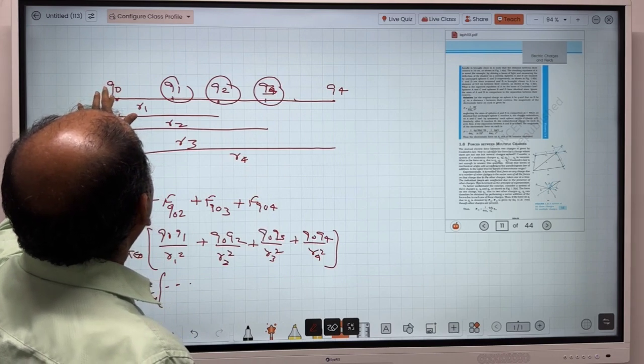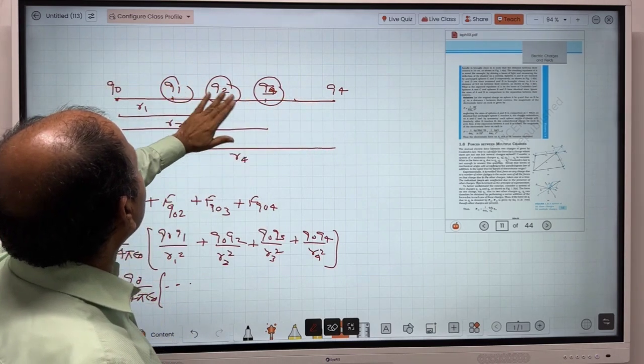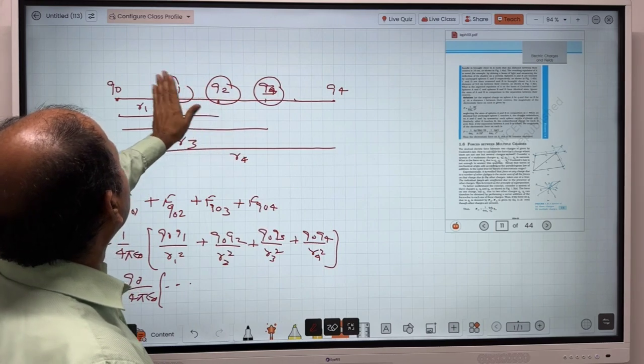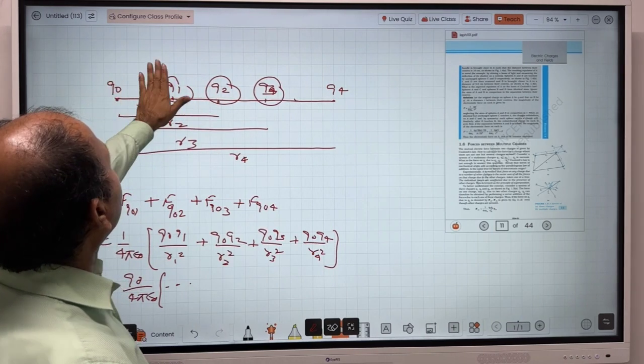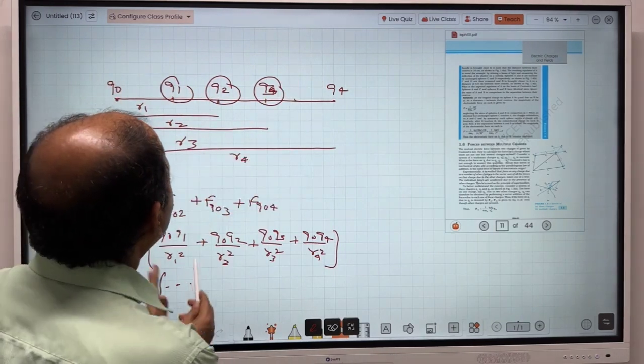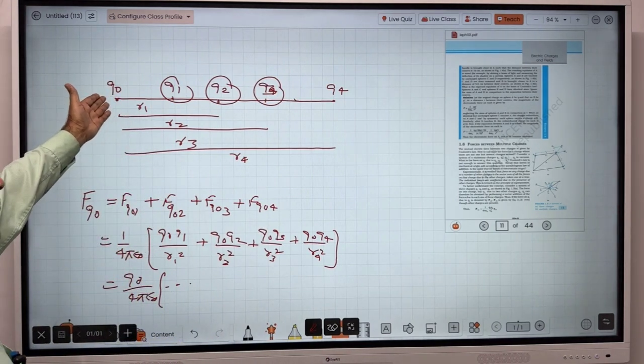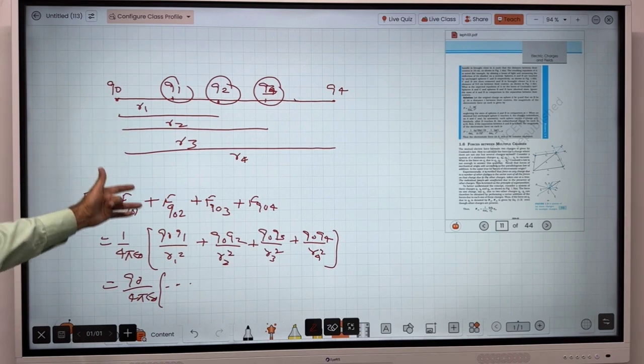If you are evaluating the force between Q0 and Q4, you have to ignore the presence of the other 3 charges. If you are calculating the force between Q2 and Q0, forget the other charges and evaluate separately, and then if you want to find the total force on any particular charge, you have to sum them up.